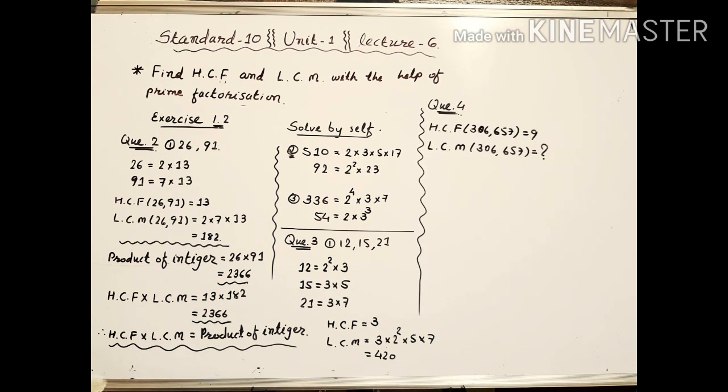In question number 4, the HCF of 2 integers 306 and 657 is given as 9, but the LCM you have to find yourself. To solve this question, we'll use the result that we got a little before. The result was: LCM of integers a and b is equal to the product of a and b divided by the HCF of a and b.